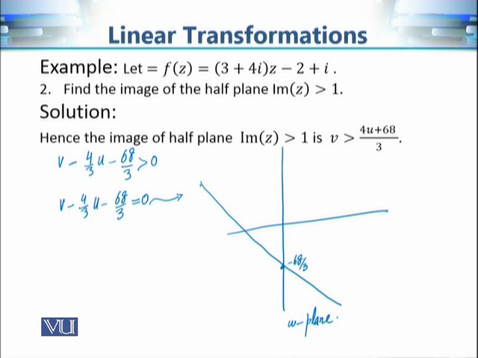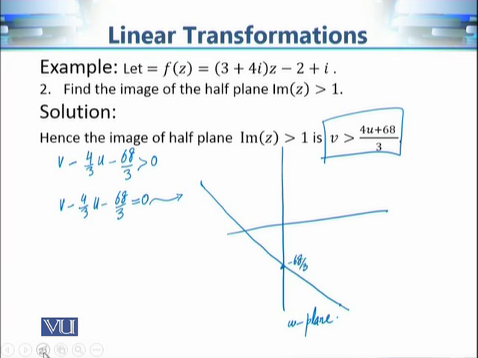Now this line represents the values when u and v satisfy this equation. But what do we want to get? We want to get the values of u and v that satisfy this inequality. So in other words, we want the value of v to be strictly greater than this expression, and this line represents those values when v is equal to 4u plus 68 by 3.